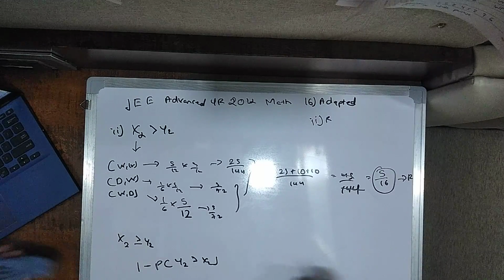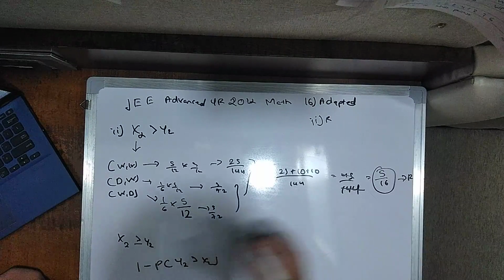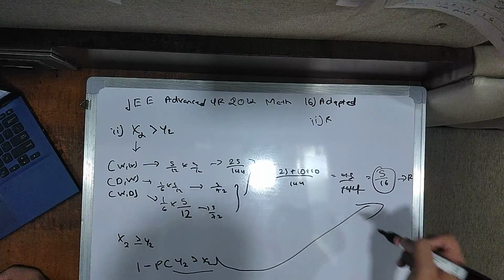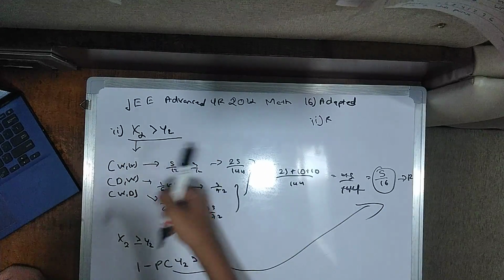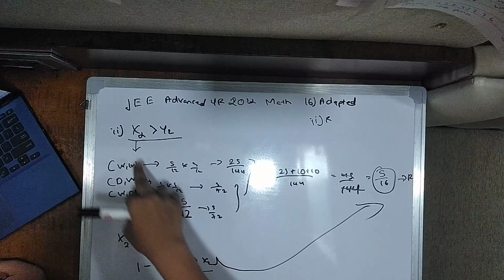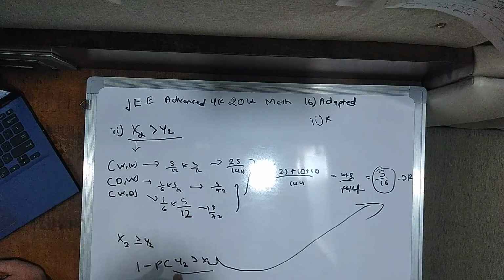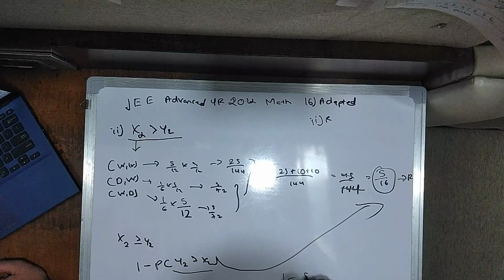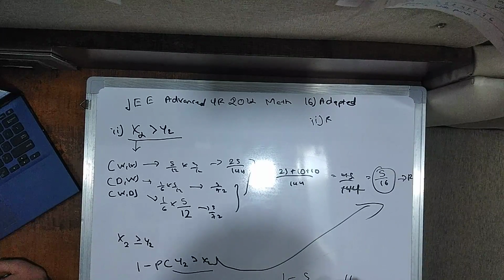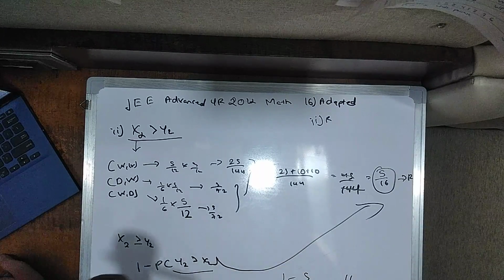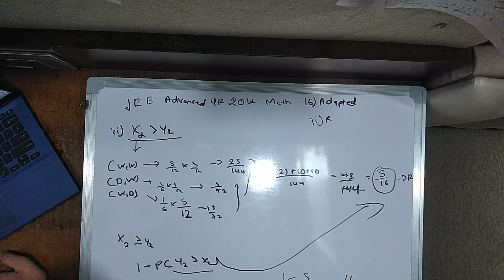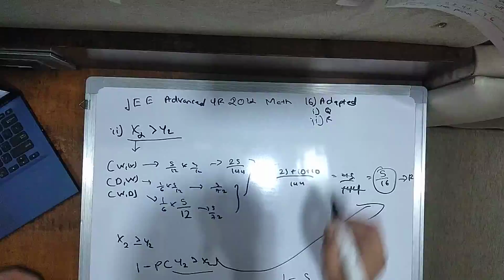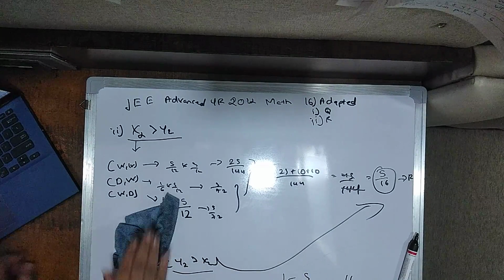Now, since symmetry exists, you know that the probability of y2 greater than x2 is directly 5 by 16 as you've calculated here. Mind, here you've calculated x2 greater than y2. Here it's y2 greater than x2, but symmetry takes care of all of that. So 1 minus 5 by 16 is 11 by 16. Also there in the options, option Q. So 1 is Q. You already have the first two.